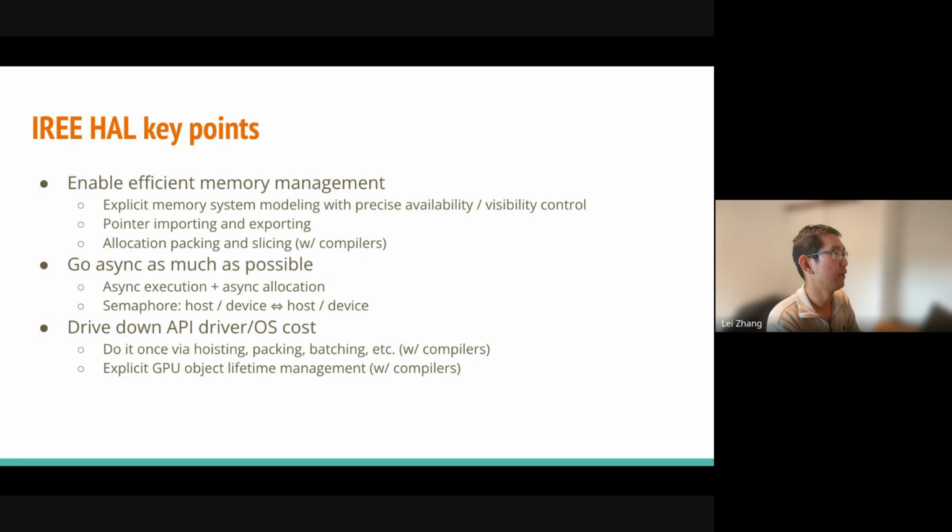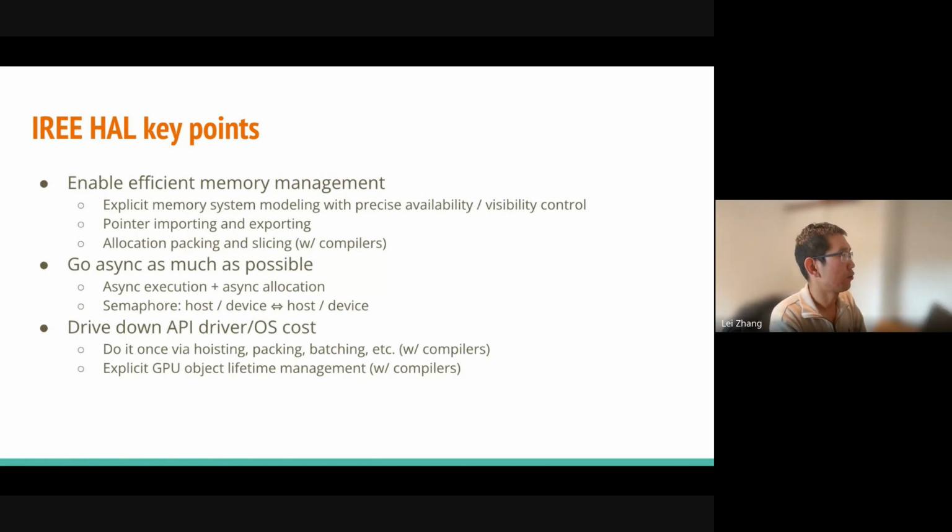That is basically explicit memory system modeling: you have a hierarchy on the CPU side, you have a hierarchy on the GPU side, and how you do cache flush, cache invalidate, and how to actually move data across them, with what kind of visibility, what kind of memory heap or whatever. And that can and should be all precisely controlled.